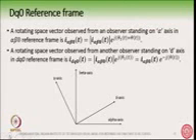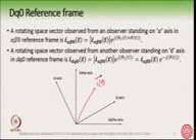As I told you, suppose we have a space vector IT, which is rotating at a certain speed. The alpha axis is stationary, it is fixed.